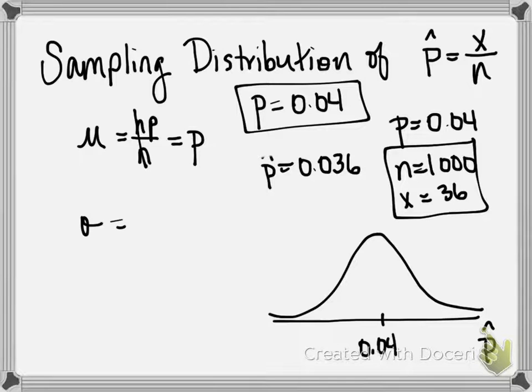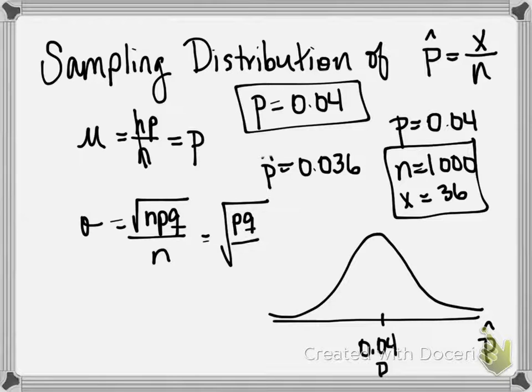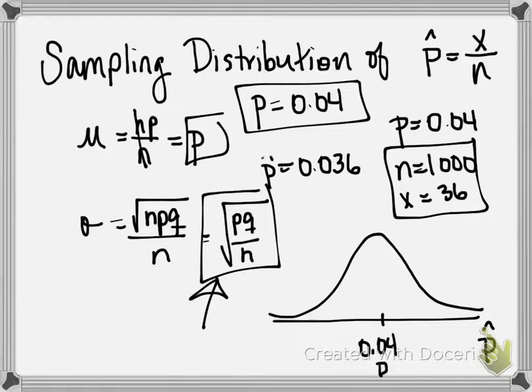That's your expected value of your sample proportions, and it's just the population proportion. Same thing here. Instead of the square root of npq, I'm going to divide everything by n, and what I get is the square root of pq over n. This is my standard deviation for my sampling distribution of proportions.